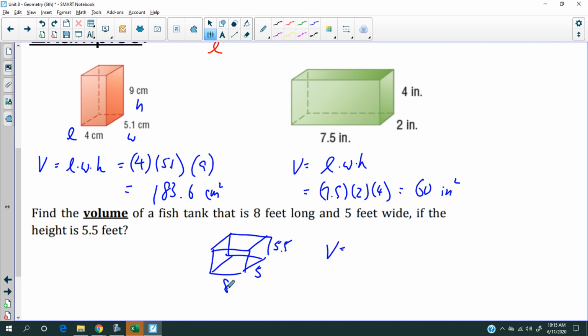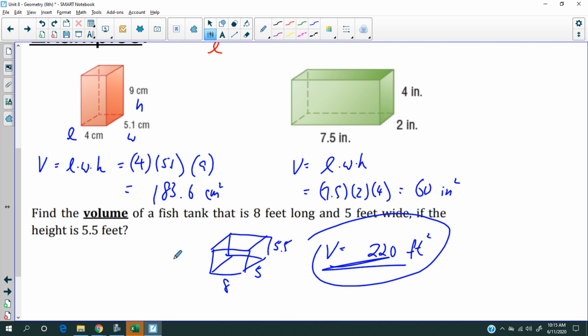So volume: 8 times 5 times 5.5, that's 220. 220 square feet. That sounds like a very large fish tank. Again, volume here represents how much liquid you can put inside a tank, a fish tank. How much water can you put in?